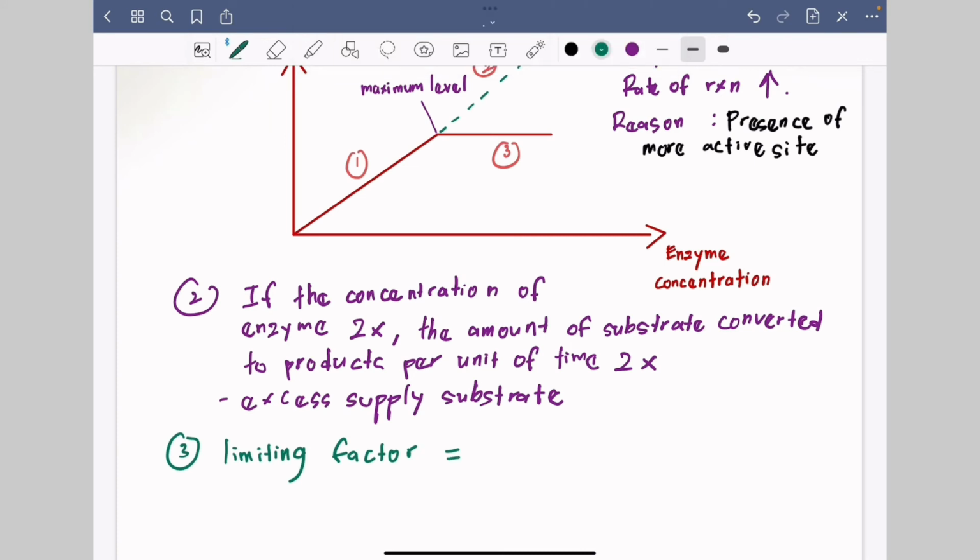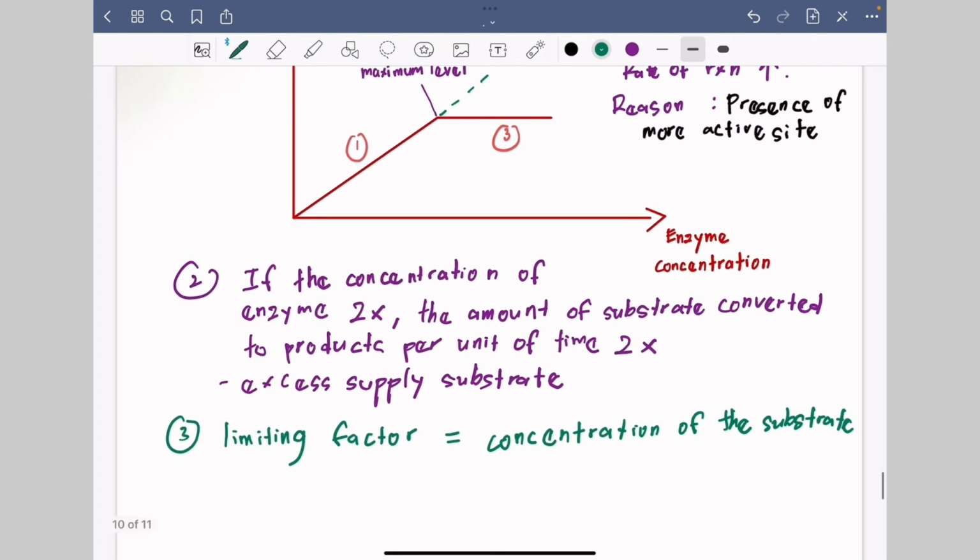This limiting factor is when the concentration of substrates is already saturated, meaning it has already bound with all of the enzyme active sites. So if we want to increase the rate of reaction, we need to increase the amount of substrate within the system.